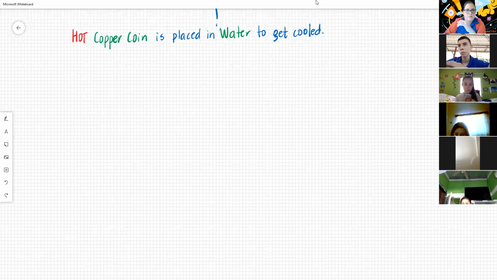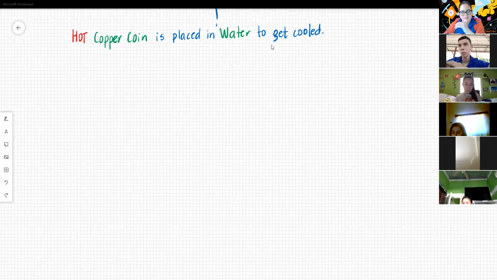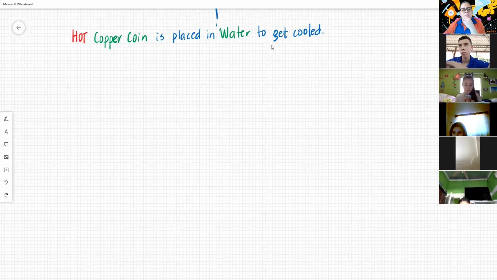So let's analyze the situation. The copper coin is hot and is placed in water to get cool. So which situation is occurring here?